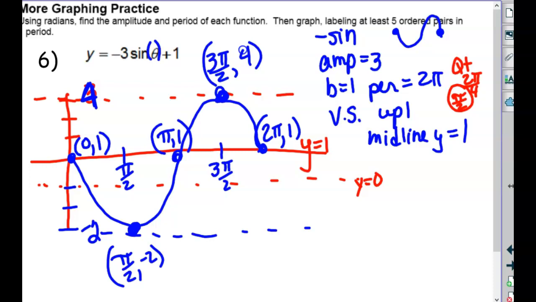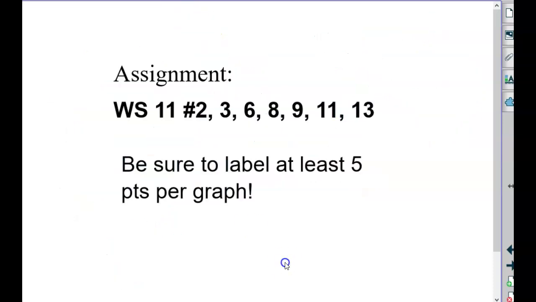If you don't like the graph paper there and you want to do them on a separate piece of paper because it's easier for you to try not to match their points, that's okay. So you have to do worksheet 11, this is the assignment, guys, label at least 5 points for each graph.